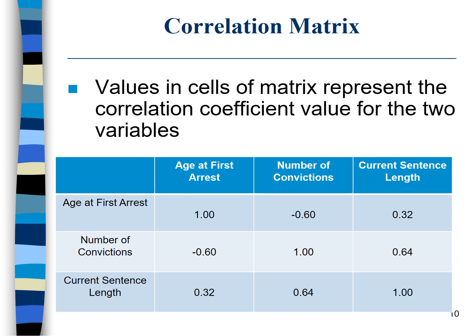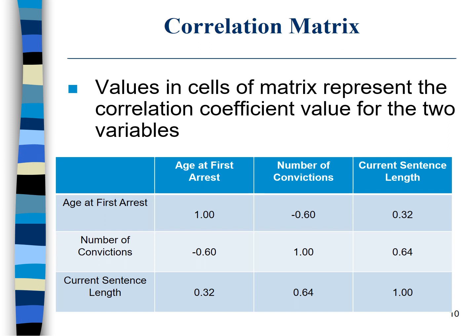So let's find the correlation between number of convictions and age at first arrest. There are 2 places on this correlation matrix where you can find that value, because a correlation matrix does repeat information. I'm going to find it by looking first across the very top row, and there in white where it says number of convictions, I'm going to focus on that column.